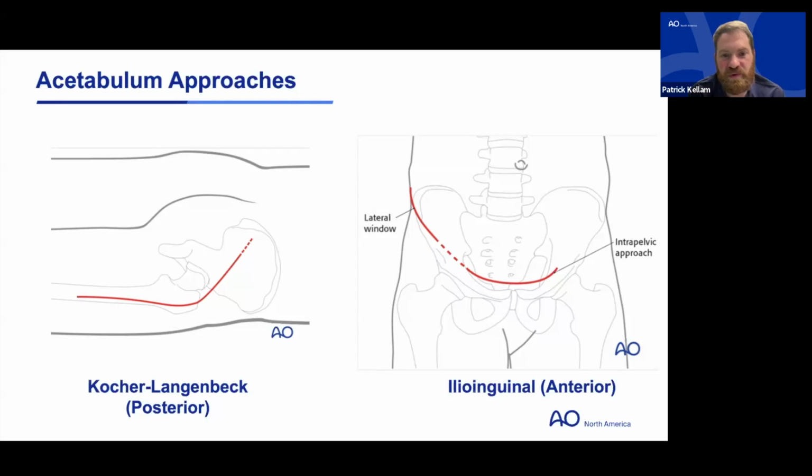And I think it's important for students to know why we do each of those, but largely the most important thing of approaches as a medical student is that those are the two ways that we get to acetabular fractures. They're almost largely treated through either one of those. And then there are some fine details about that as you get through your training, but largely it's just to know that those are the two types of acetabular approaches that we have.